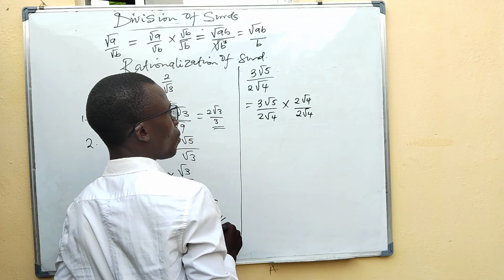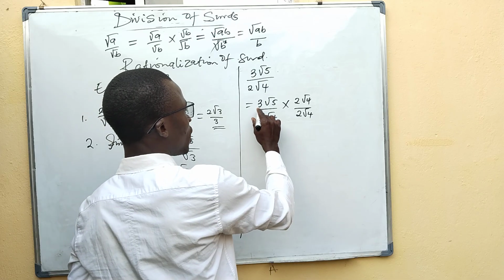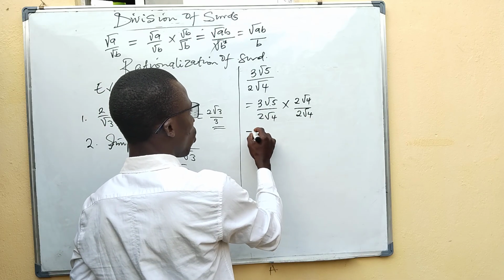Now what do I do? This will be this times this and this times this. So what will it give us?